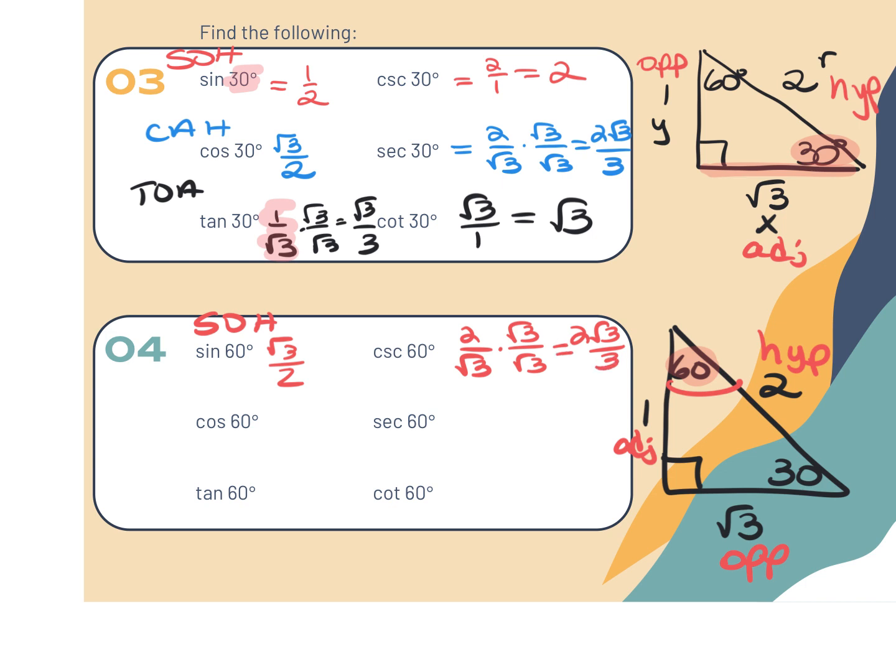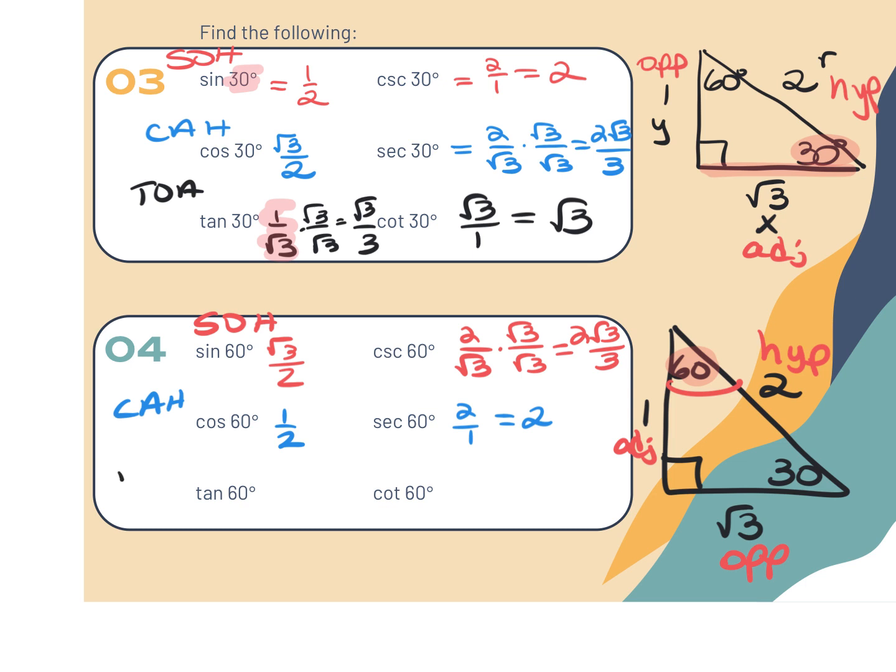For cosine, this is going to be our adjacent over hypotenuse. So that'll be 1 over 2. Secant, the reciprocal, flip it. 2 over 1, which is just 2.